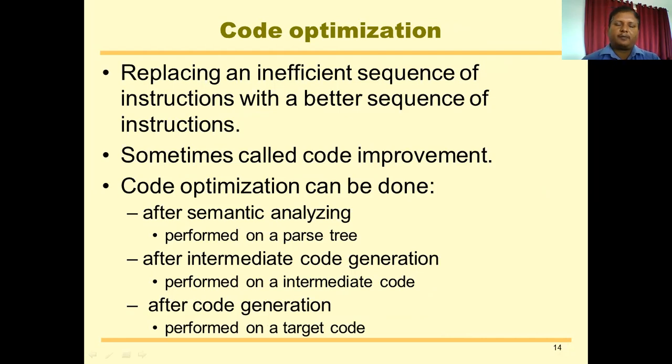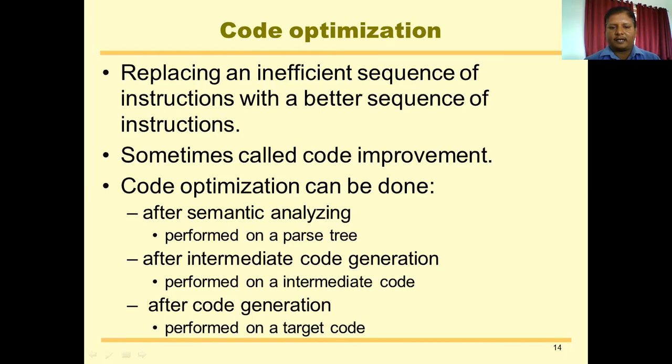In this phase we remove the inefficient sequence of code. The flow of execution may be rearranged, and we can also eliminate unwanted code and unreachable code. These are the points for replacing an inefficient sequence of instructions with a better sequence. Sometimes it is called a code improvement technique.